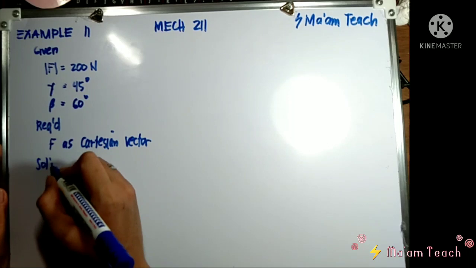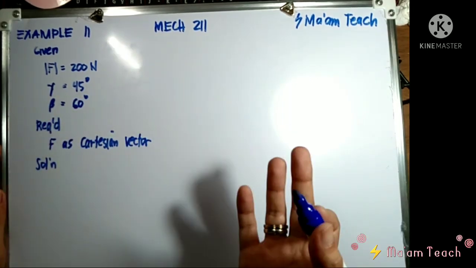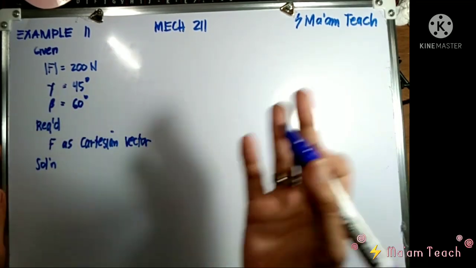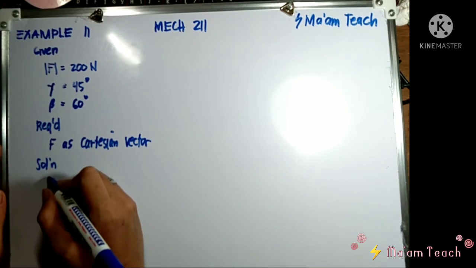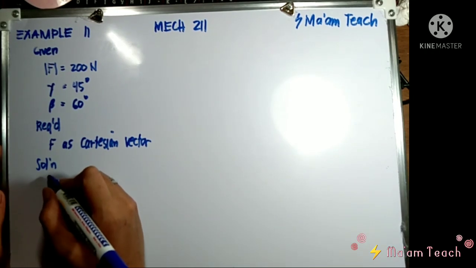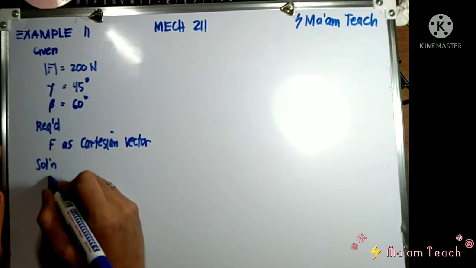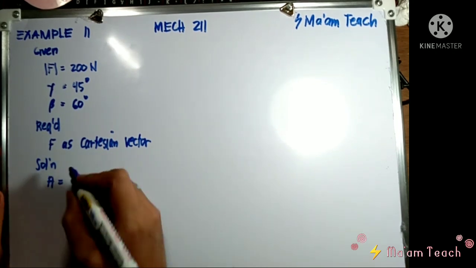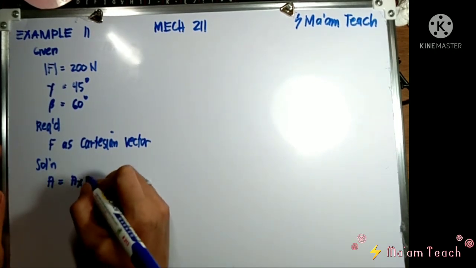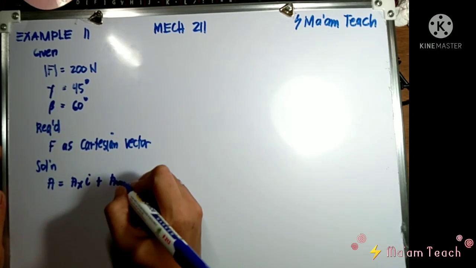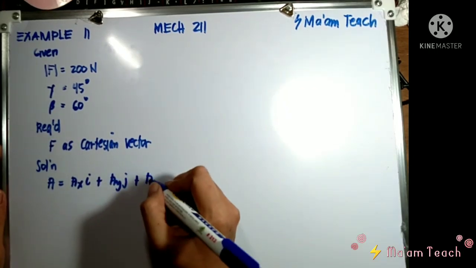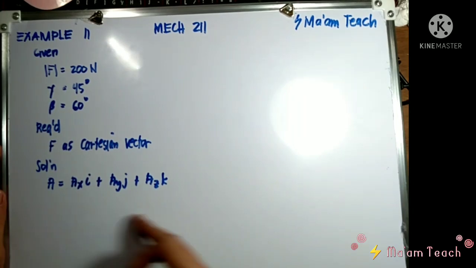Recall that in order for us to express a vector in Cartesian notation, it should be in what format? If we have vector A, it should be AXi plus AYj plus AZk. That's our format, right?